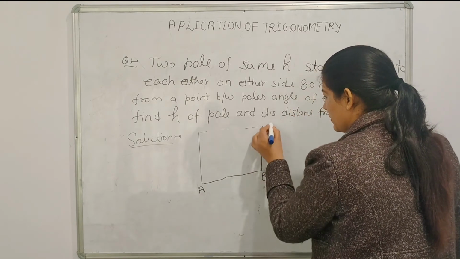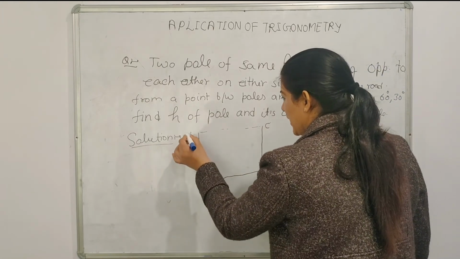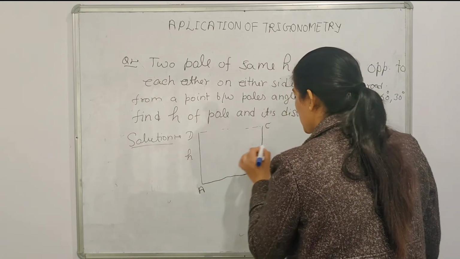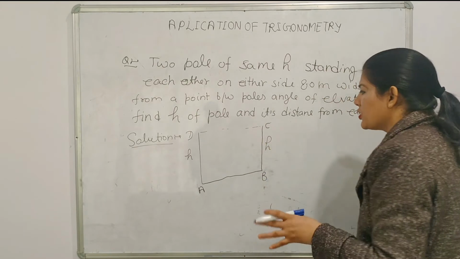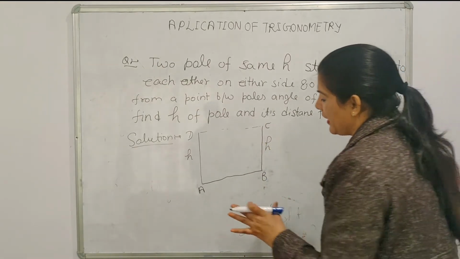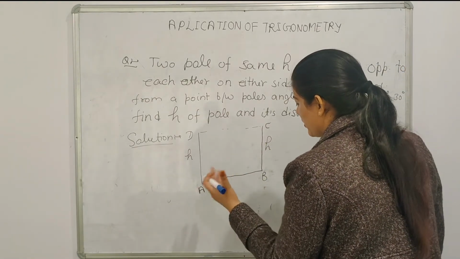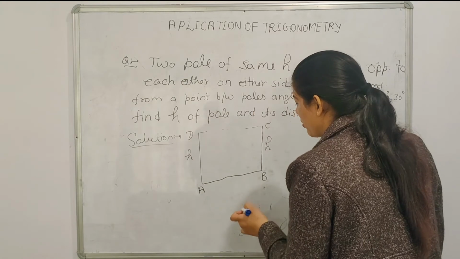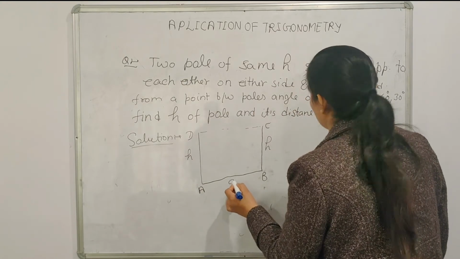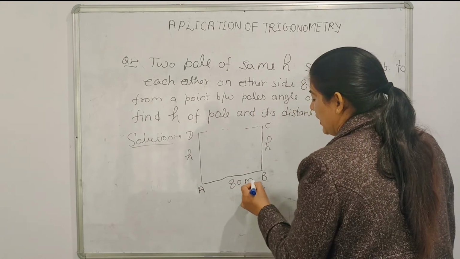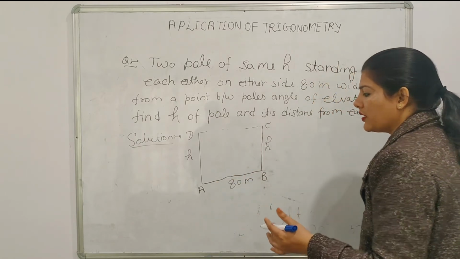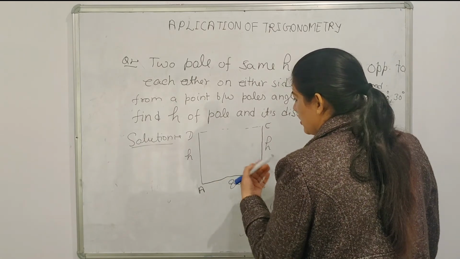Suppose one pole is BC and the second is AD, each of same height. So suppose each is of height H and the width of the road is 80 meter, and here in between there is a point. Suppose that point is E.